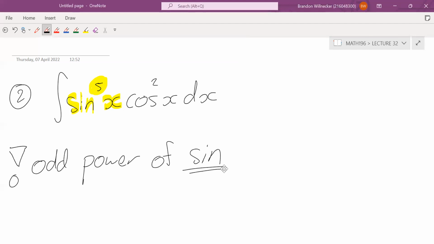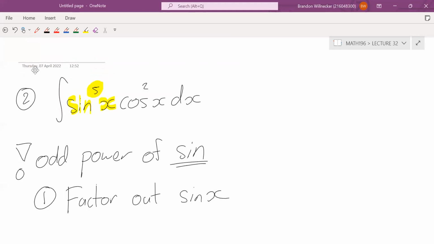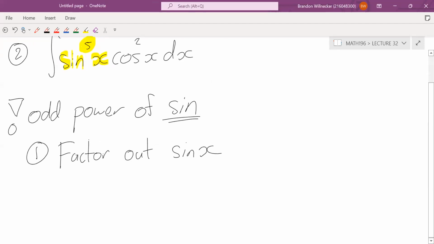So what do we do if it's an odd power of sine? The first thing we need to do is factor out one of the sine x. Because it was odd, we took out one of the sine x, and the remaining part will then be even. So what does this give us?